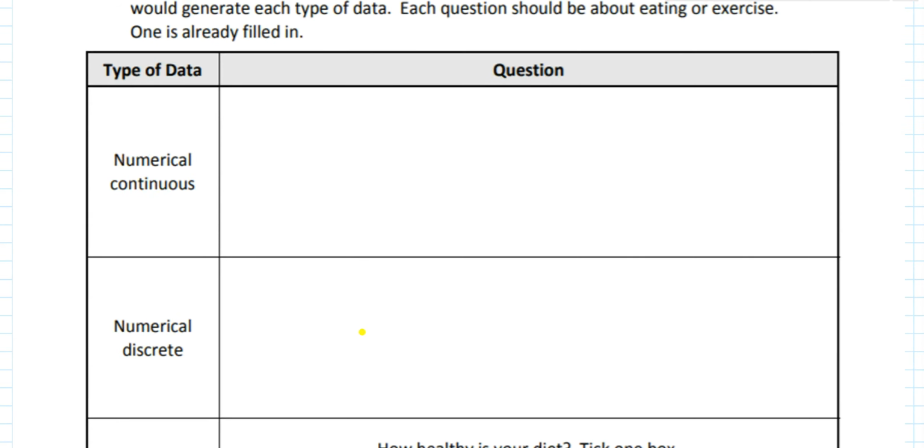Okay. What about this one? Numerical continuous and numerical discrete. As the name suggests, numerical, the answer is going to be numbers. So the numerical continuous one, because it's continuous, you want your answer to fall into a range. It wouldn't be set numbers. So I think the marking scheme has a brilliant answer for this. How much water do you drink every day?